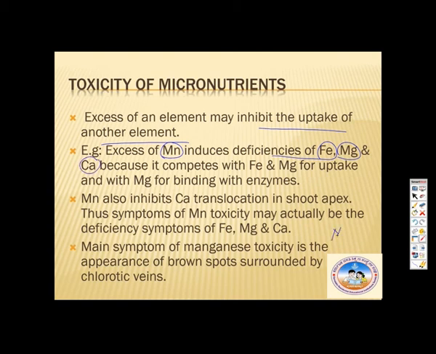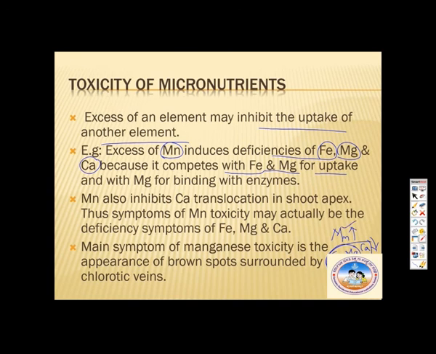Why? It prevents iron and magnesium uptake. Along with that, it prevents magnesium by the binding with enzymes also. Whereas for calcium, manganese will inhibit the calcium translocation in the shoot apex. Calcium translocation means it does not let calcium go to another place. So these are the toxicities, which is why these three elements are less.